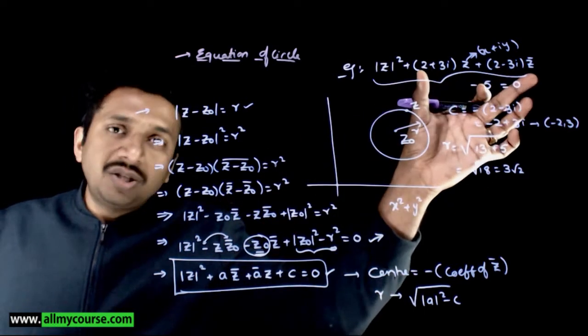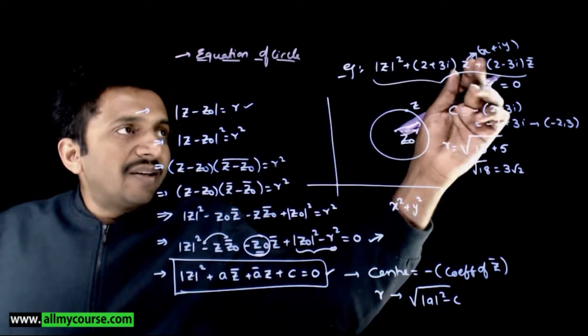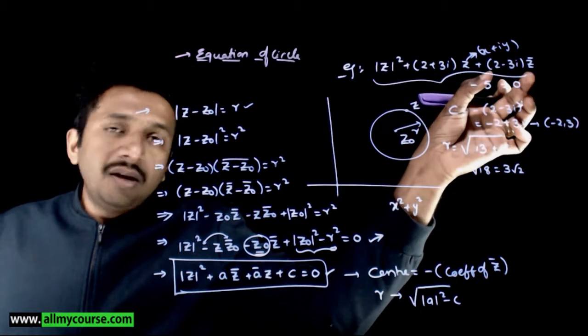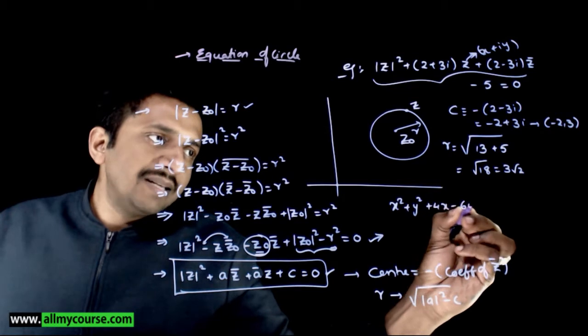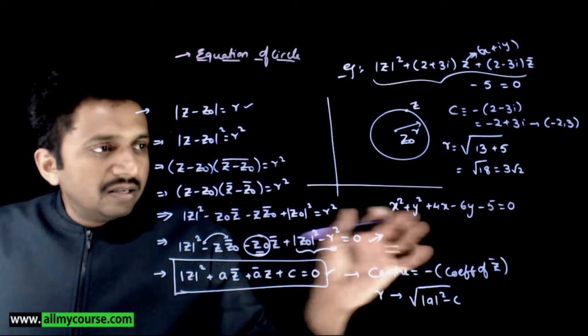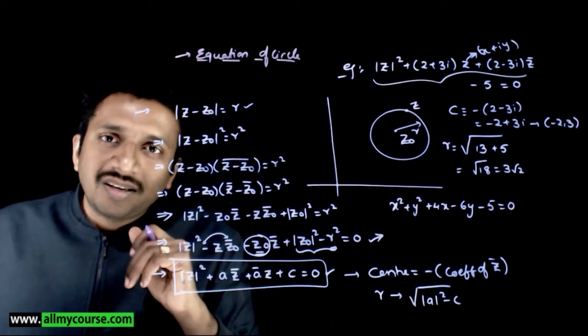If you add these two, the imaginary parts will automatically get cancelled. So if you have 2 plus 3i times z, the real part is 2x minus 3y. Here also you get 2x minus 3y. So you get x square plus y square plus 4x minus 6y minus 5 is equal to 0. This is the corresponding Cartesian equation to this circle.